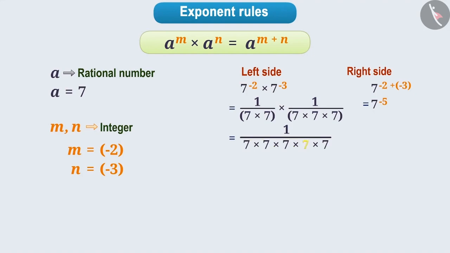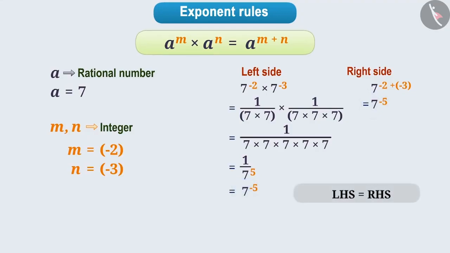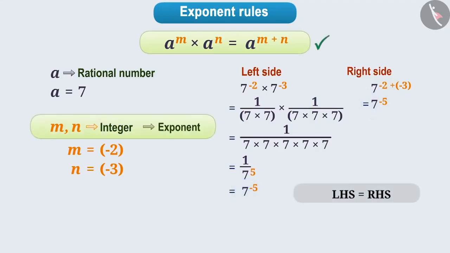Since 7 is multiplied by itself 5 times in the denominator, we can write 7 to the power 5 in place of the denominator, so that we get the number 1 upon 7 to the power 5, which can be written as 7 to the power minus 5. Now as you can see, the values of both sides are equal. That is, this rule is also true for integer exponents.